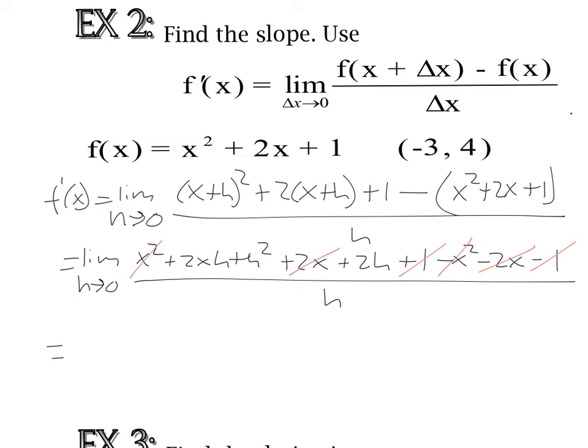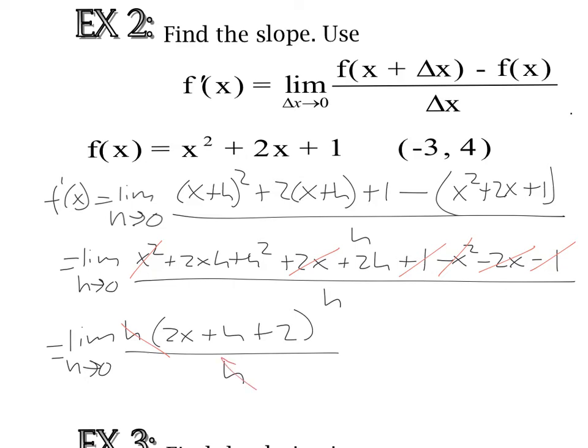And I can factor an h out of everything. So out front I get h times (2x plus h plus 2). That should be all that's left over h. Now these h's cancel out, and so I'm really just asking what is the limit as h approaches 0 of 2x plus h plus 2? Well, if we plugged in a 0 for that h, it would just be 2x plus 2.